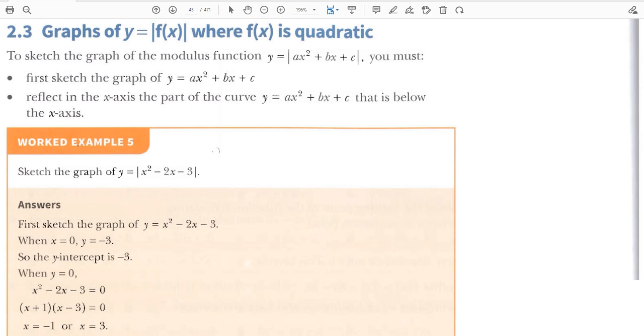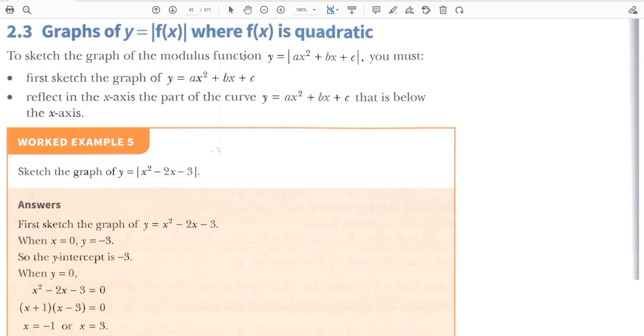If the highest power of the variable is square, then the function is called quadratic. For example, if you have ax plus b, then the function is linear because the highest power of x is 1. But if the function has the highest power square, then it is called a quadratic function.